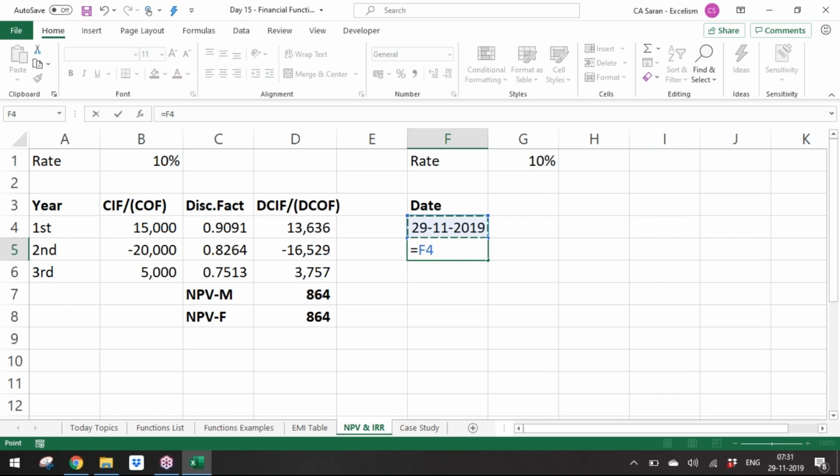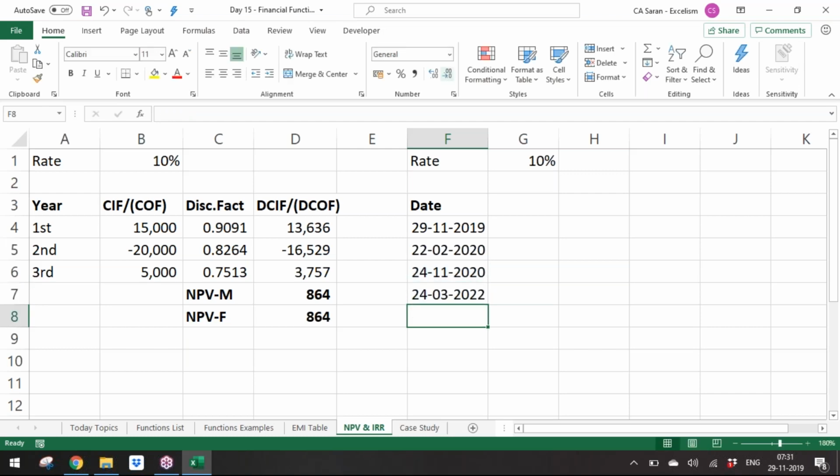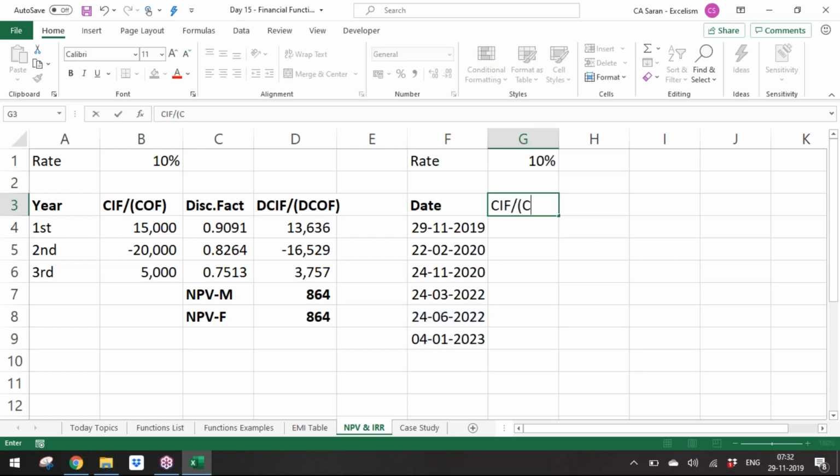After 85 days, I got one more payment, or else after 276 days, and probably after this 485 days, maybe after this 92 days, maybe after this 78, sorry, 194 days.